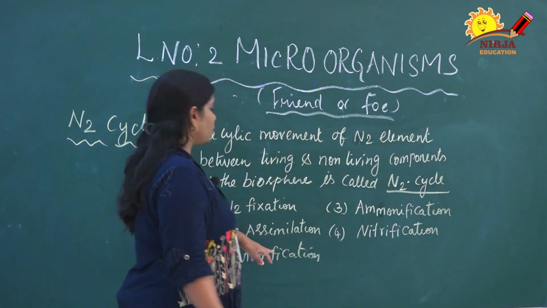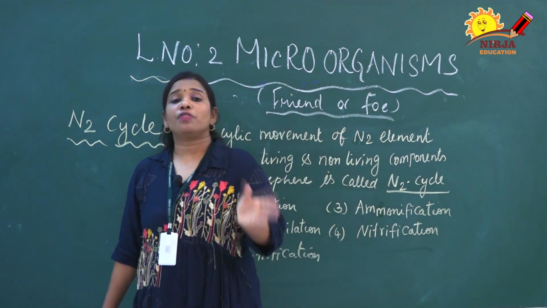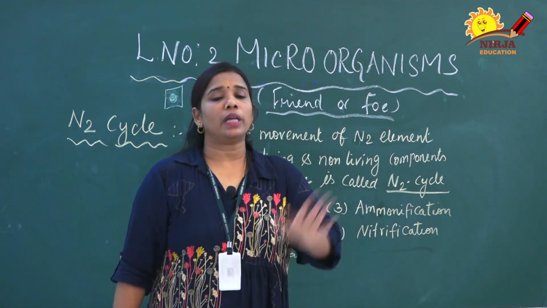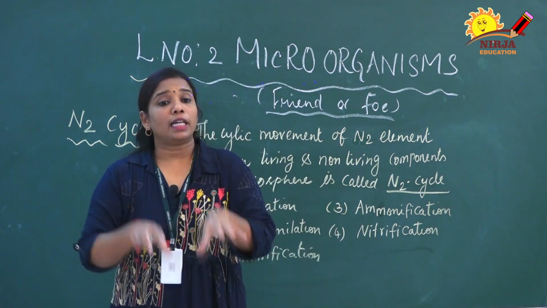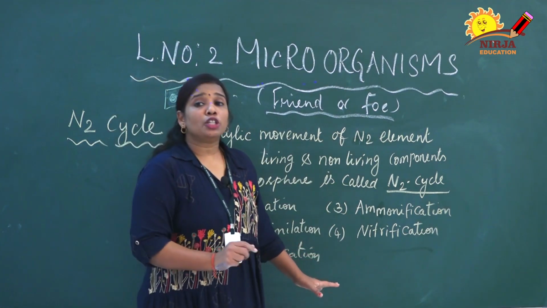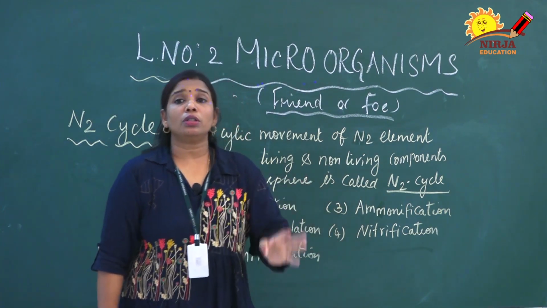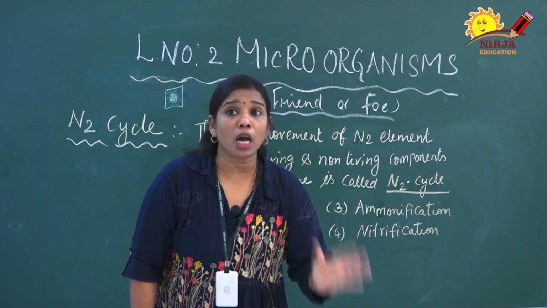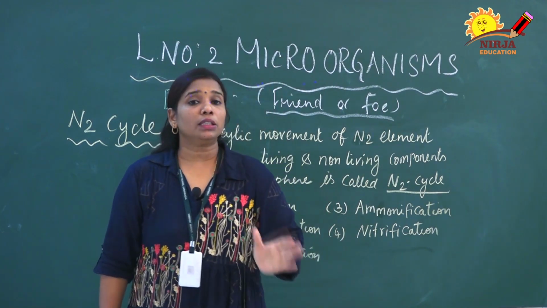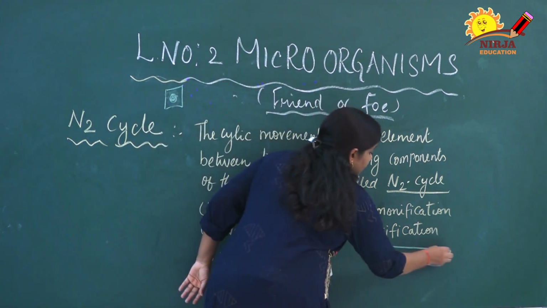The next process, the fourth process, is called nitrification. It is the process of conversion of ammonia into nitrate. Once again, that ammonia is converted into nitrate, a nitrogen compound. That process is called nitrification. This nitrification can be done by certain bacteria.